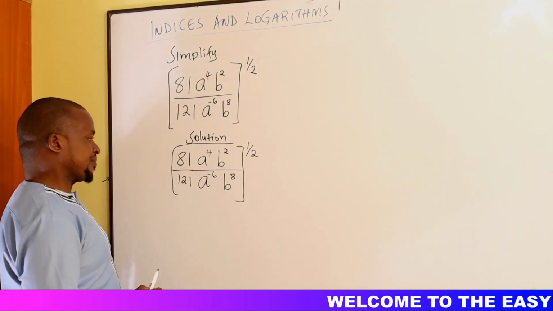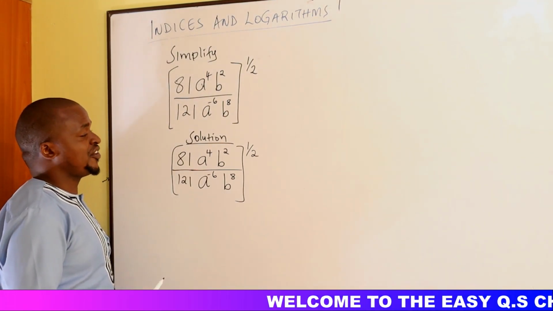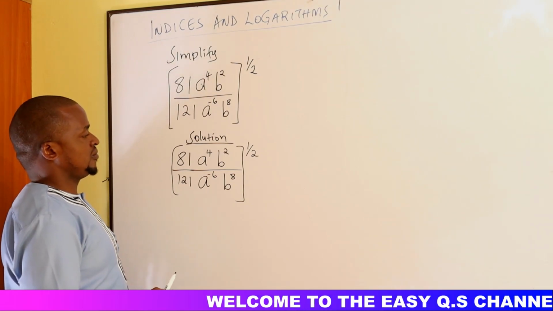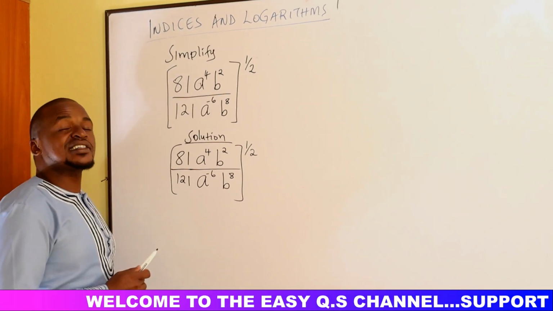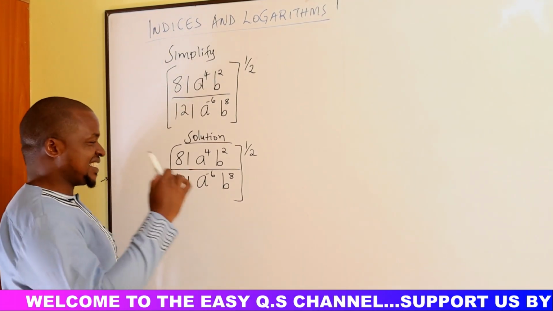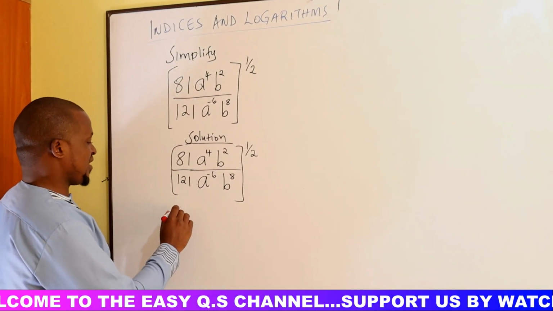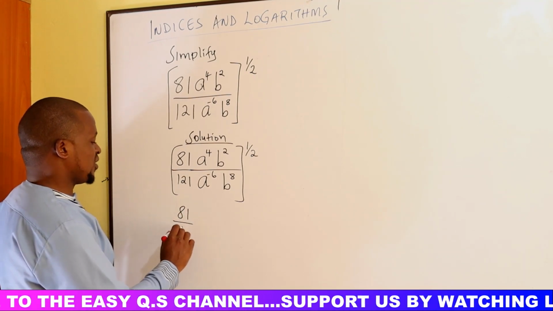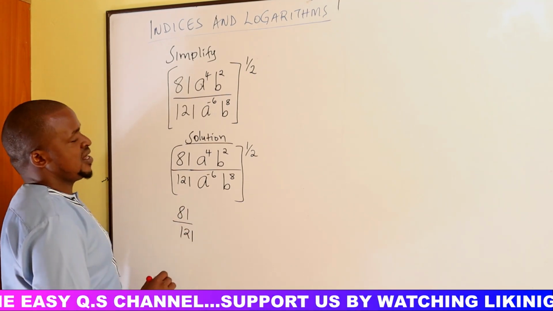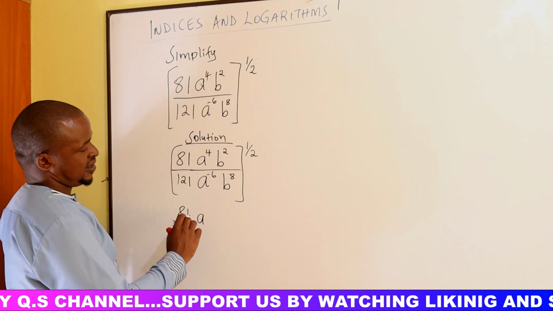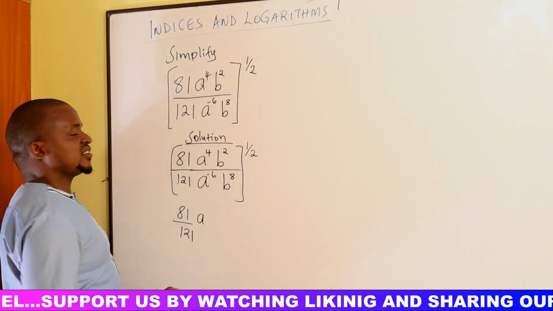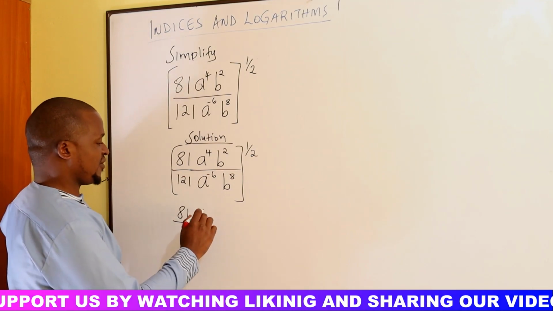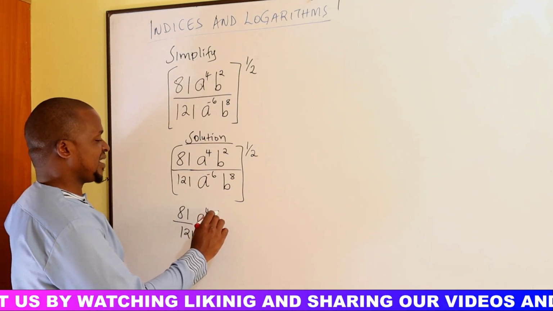So what we do, we have the division of two powers. We normally subtract the powers when the base is the same. So you're going to have 81 over 121, then a, and you subtract these powers because we are dividing: 4 minus 6.